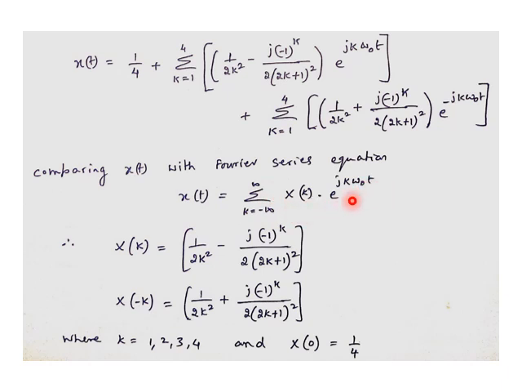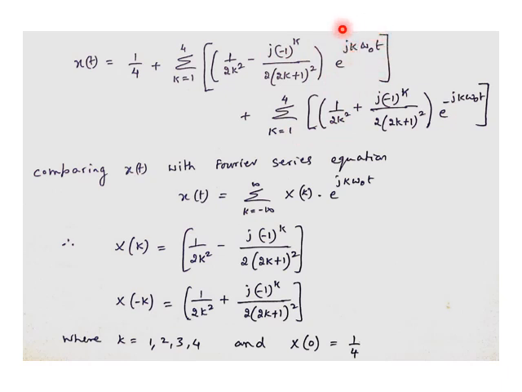If you compare the simplified x of t with the standard equation of Fourier series, k is defined from minus infinity to infinity, but here k is defined from 1 to 4, and also one constant exists, keep that in mind.